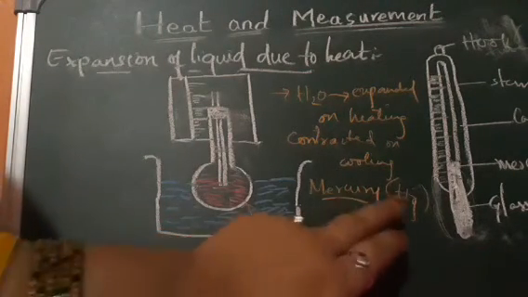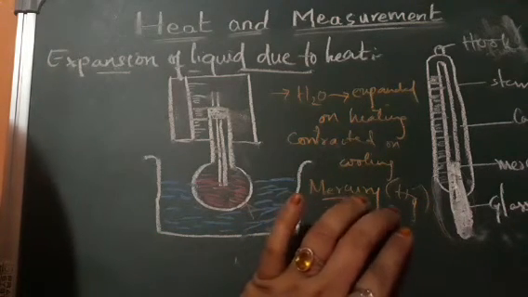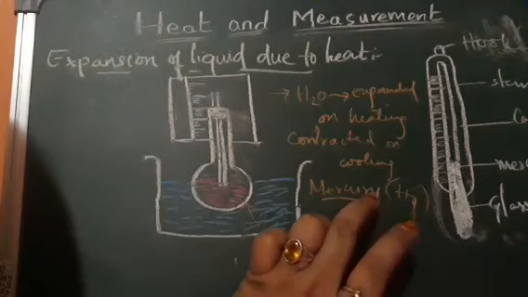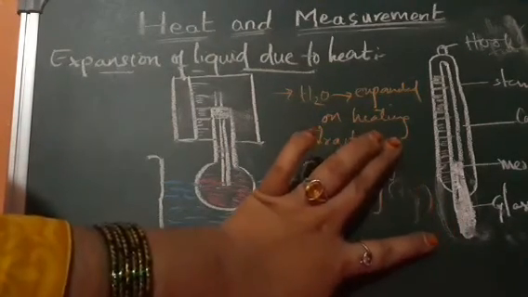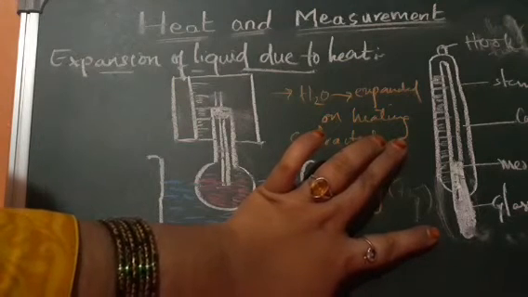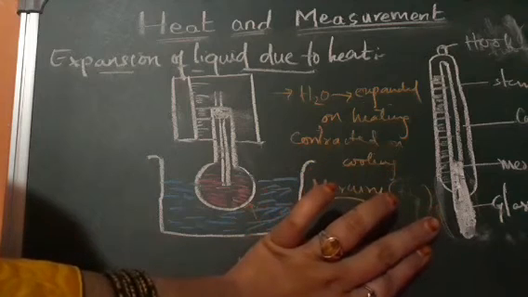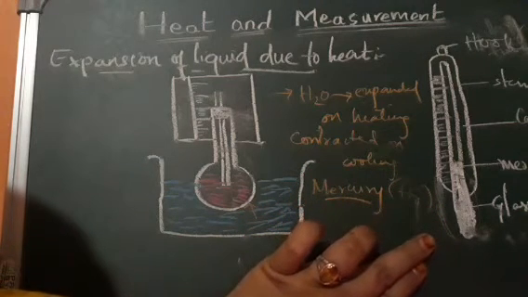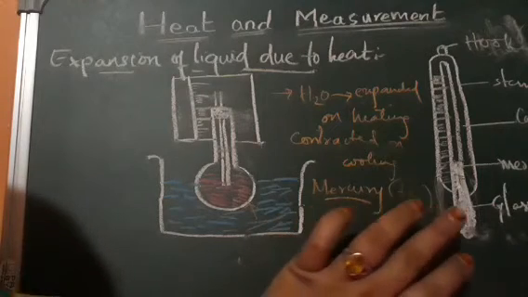When this thermometer comes in contact with a hot body, the mercury present in the glass bulb gets expanded. Then after we check the temperature, after some time slowly it gets contracted to its original shape and size. Fine, that's why we use mercury.